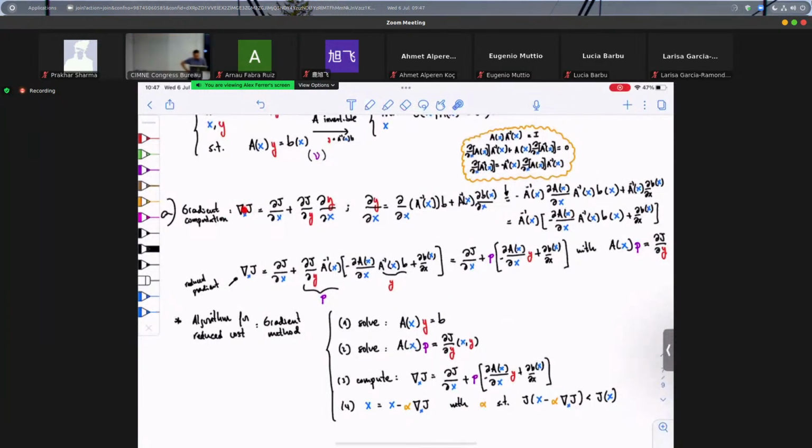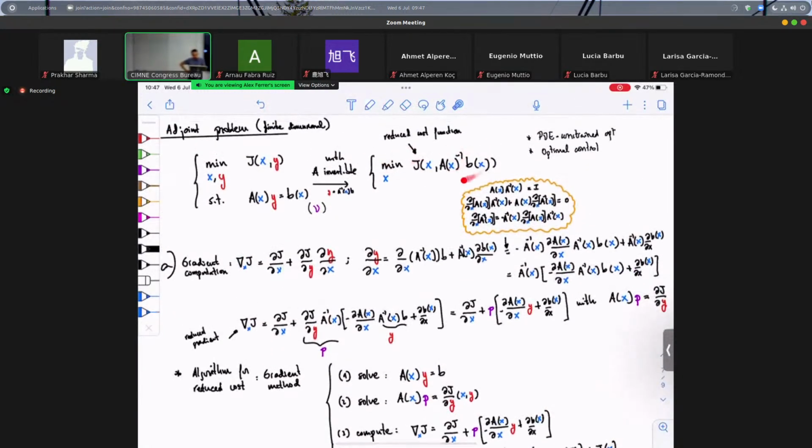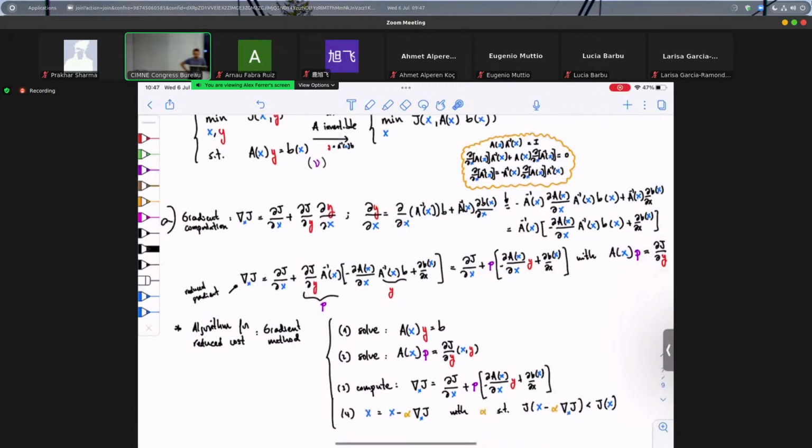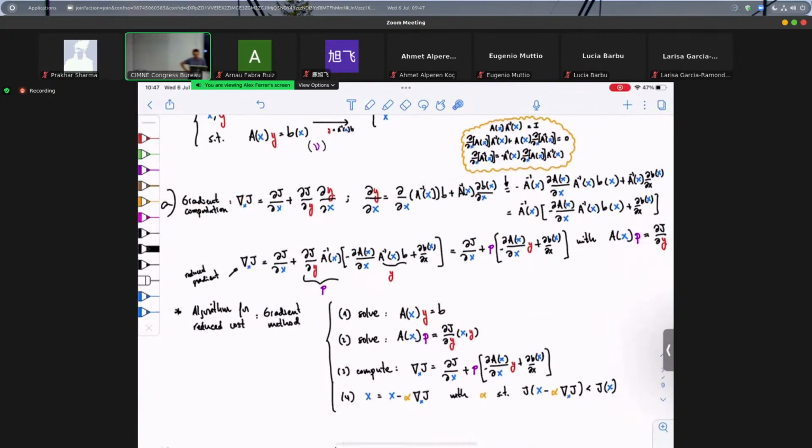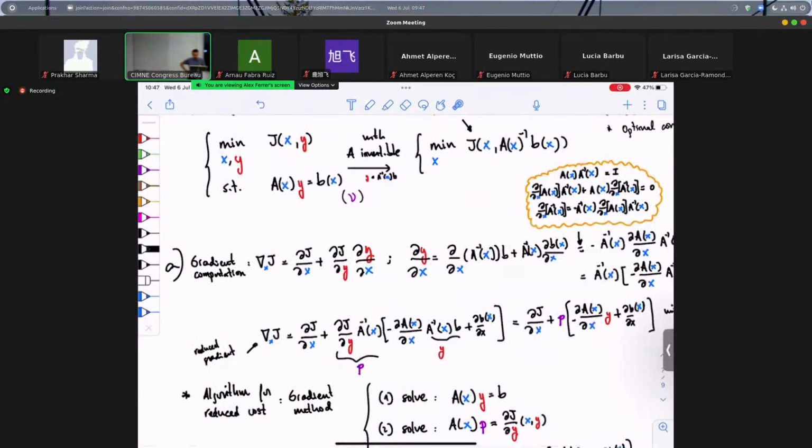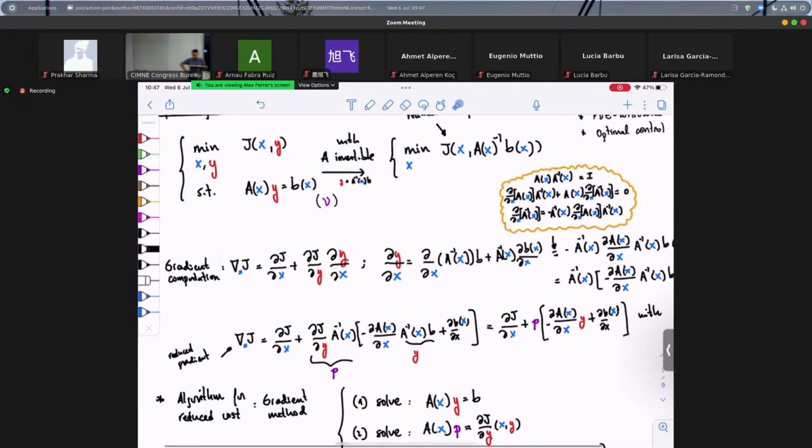So now you see this problem with no constraints. What you want to do is use a gradient method to update your unknown, so you want to have the gradient. What is the gradient? The partial derivative of J with respect to x, plus the derivative of J with respect to y times the derivative of y with respect to x.